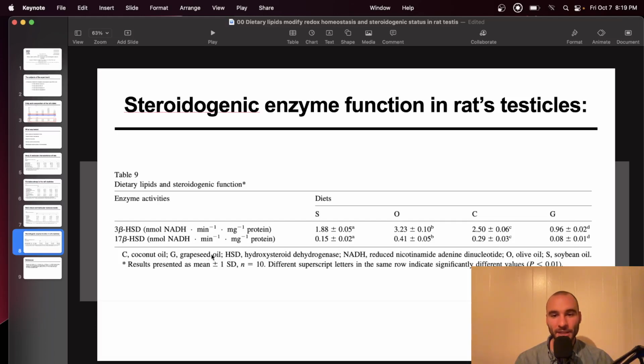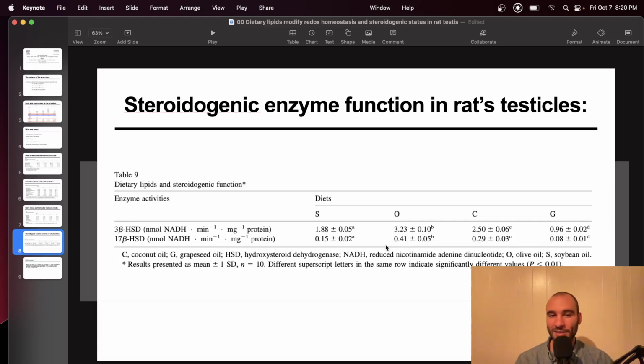And then the same deal for the 17-beta hydroxysteroid dehydrogenase. With the olive oil fed rats and the coconut oil fed rats, we're looking at almost 4 times as much 17-beta HSD function in the coconut oil compared to the grapeseed oil, about 5 times as much function of 17-beta hydroxysteroid dehydrogenase in the olive oil group compared to the grapeseed oil group.